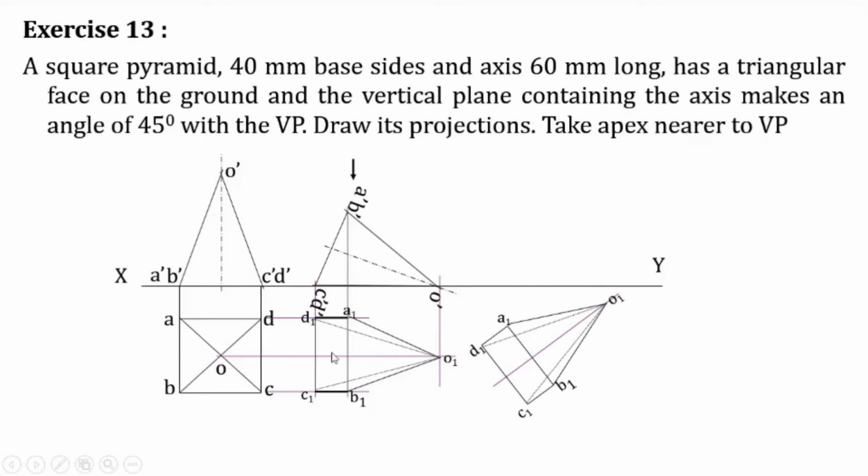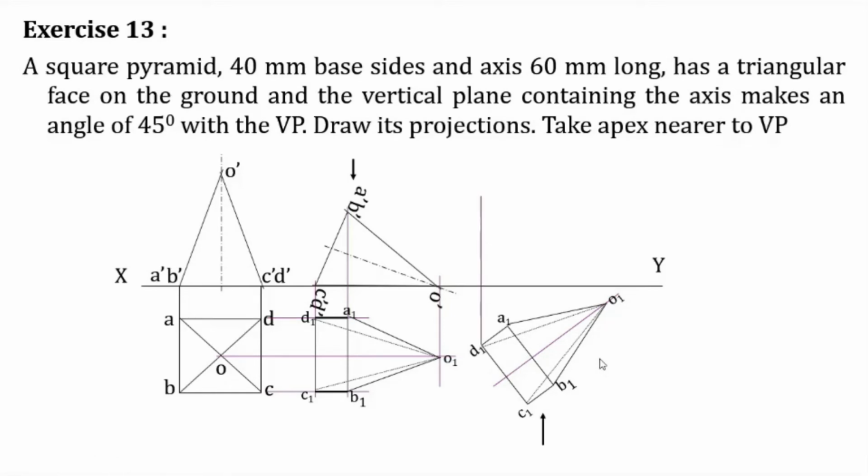That axis should be making an angle of 45 degree with the VP. So that condition is met, and O1 is nearer to the XY line. So that is the apex nearer to the VP condition.